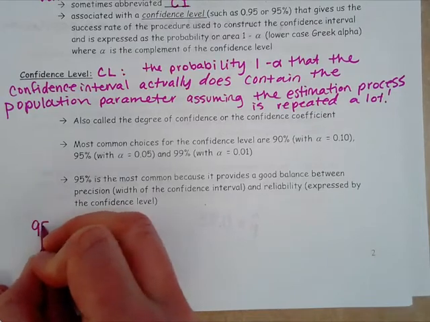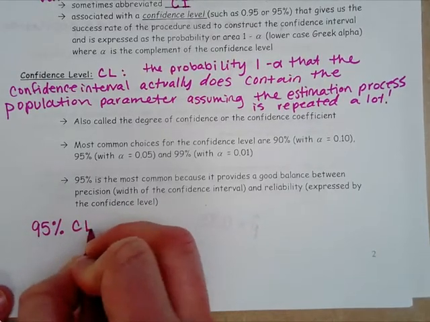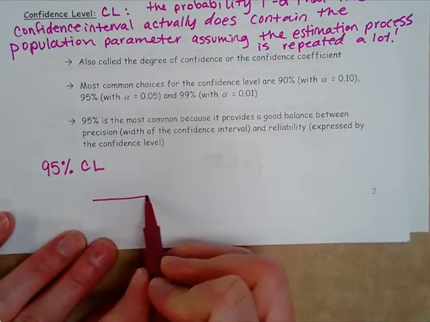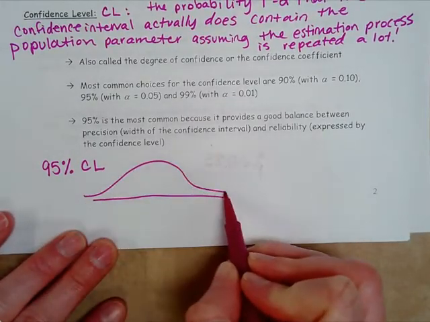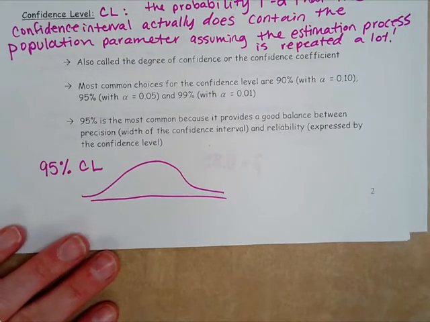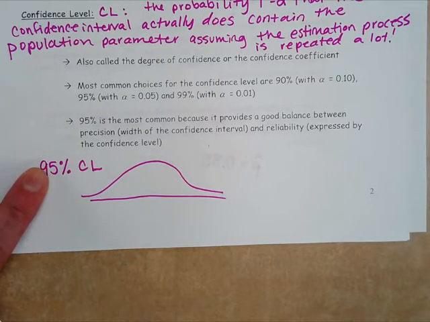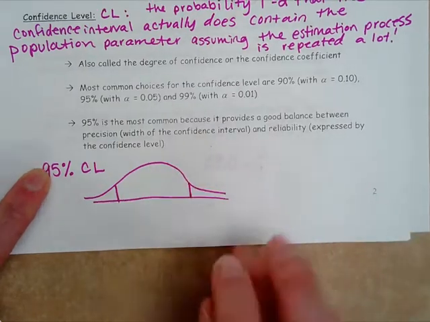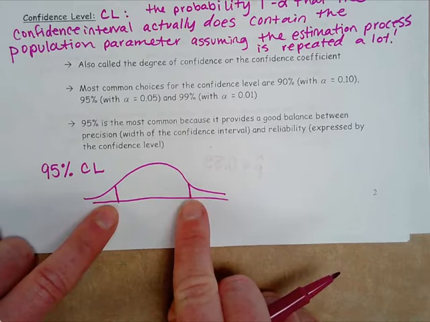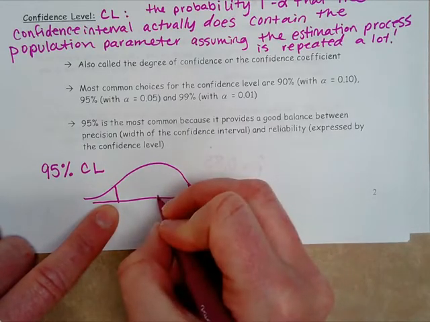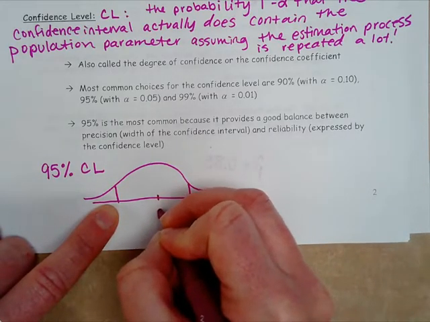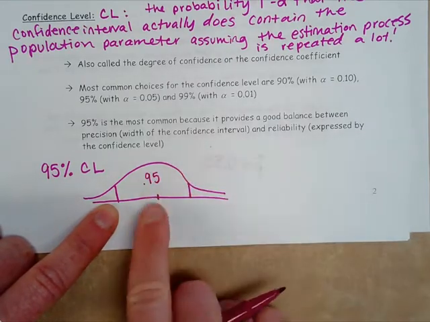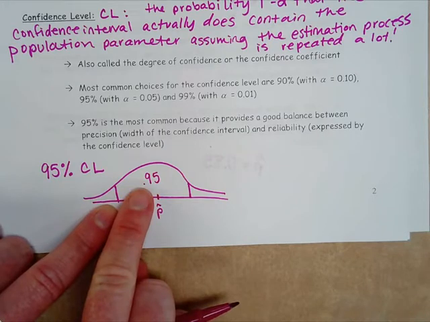So let's talk about what 95% confidence level means. Let's do our normal curve. The 95% confidence means that the area, the interval, think about the low point and the high point, and the population parameter, whatever that is, let's say p hat, falls in that area. So this area is 0.95.